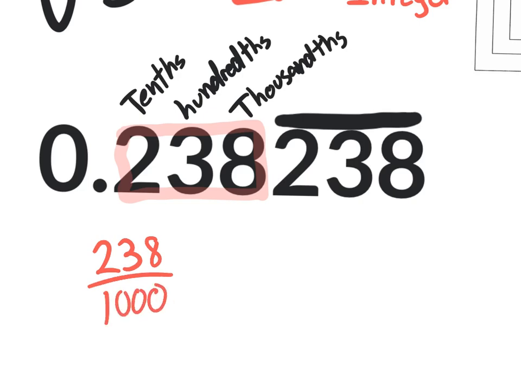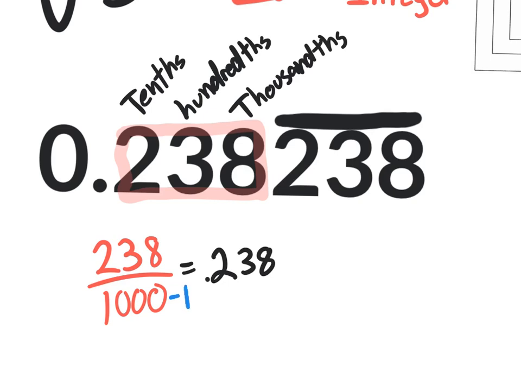Why is that? Because the last number is in the thousandths. Now, if I typed 238 divided by 1,000 into a calculator, the answer will be 0.238, and that's it. It's not going to repeat. As you see, it repeats up here, 238, 238, and this line means that it keeps going. So the little math trick is you go to the denominator, the 1,000, and you subtract 1 from it.